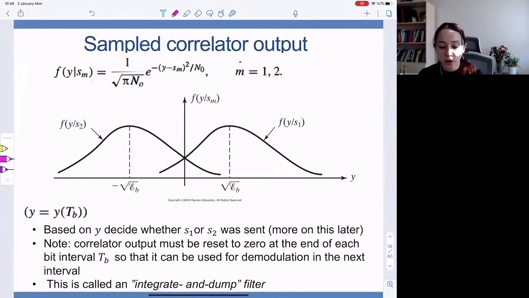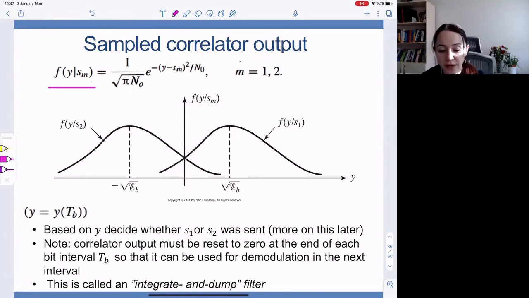Well, let's see the probability density function of y. We are going to look at the probability density function of y under the condition that Sm was sent. In other words, as you know, this is the conditional probability density function, conditioned on the signal that is sent being equal to Sm, or S1 or S2, right?